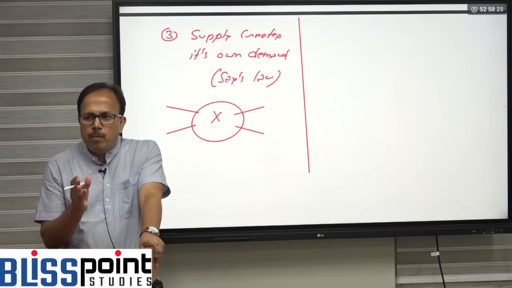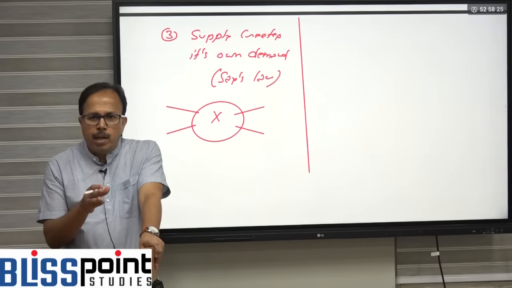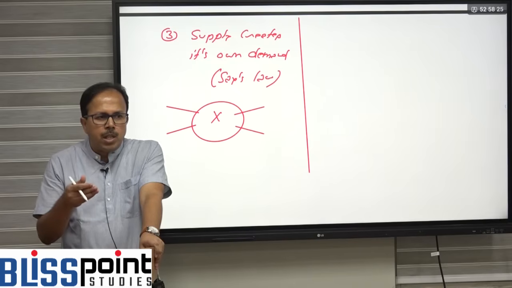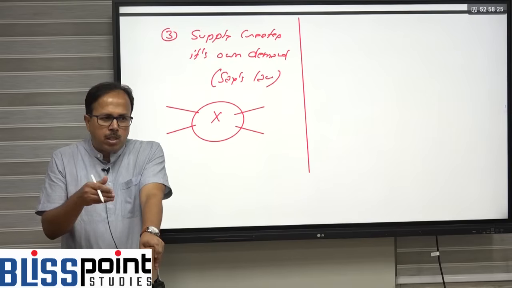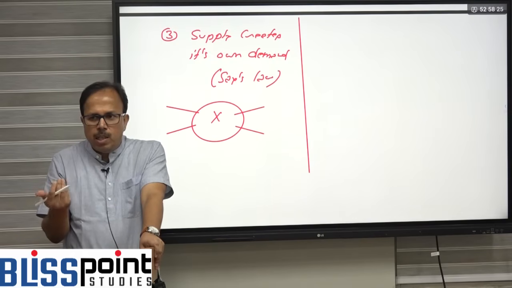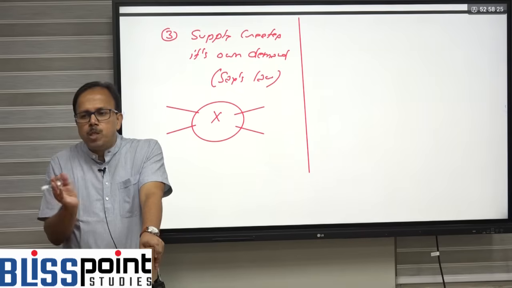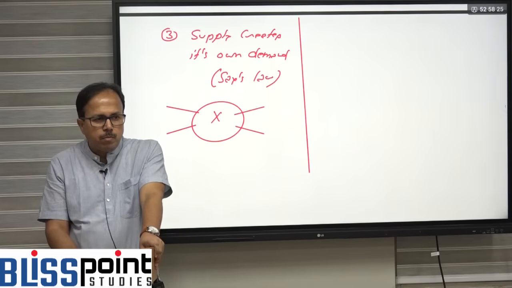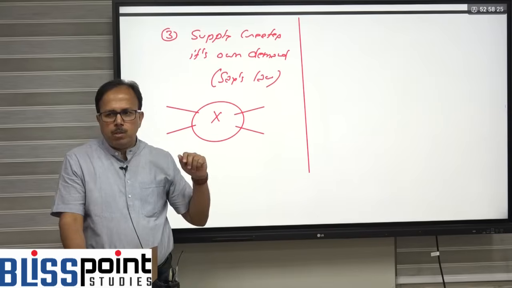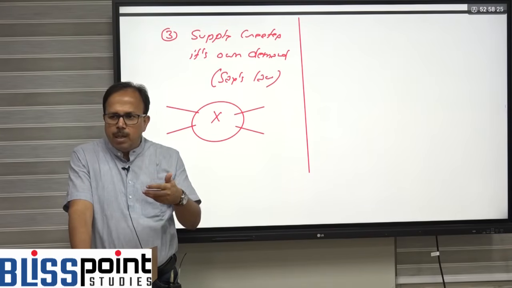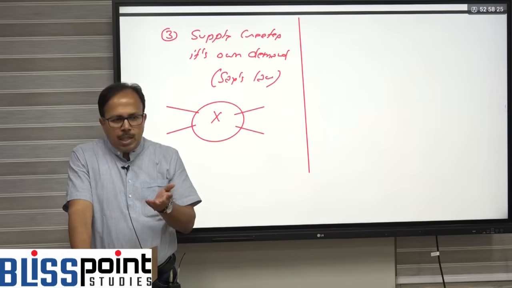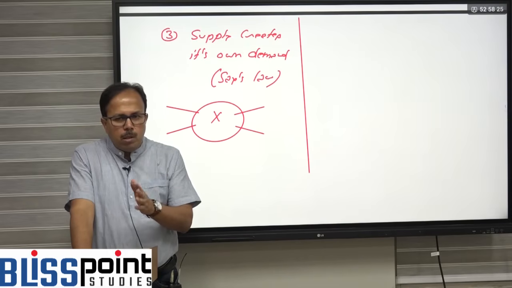To labor you will pay wage, to land you will pay rent, capital owner will get interest, entrepreneur will get profit. So production generates income. Income for whom? Income for the factors of production. So whatever value is produced, that much money income is generated, and that money will always be spent. Spent on what? Spent on the commodity produced. So production, supply, will generate income and income will be spent. So in that way supply creates its own demand.